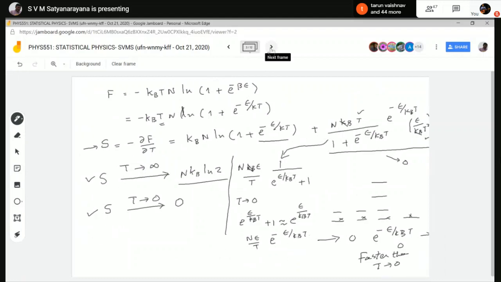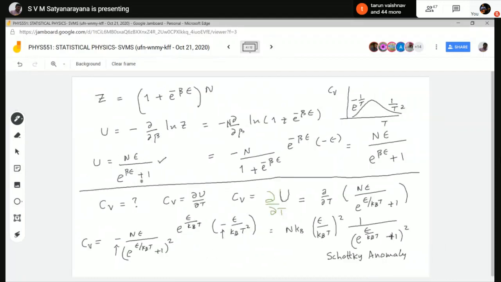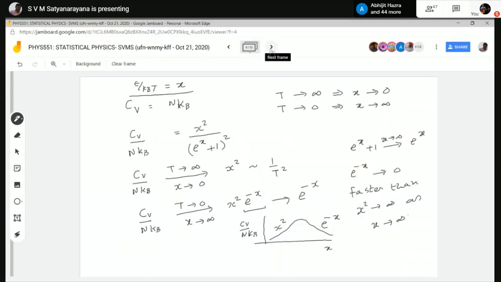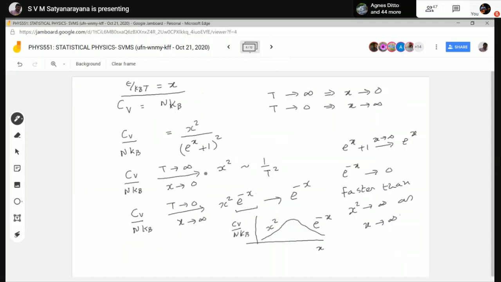So we found out U, and then we found out C_V, and C_V is simply the partial derivative of U with respect to T, and then we figured out that the Schottky anomaly could be reproduced, and we have this. Then we looked at what happens to the specific heat of the two-level system as temperature tends to infinity and temperature tends to 0.